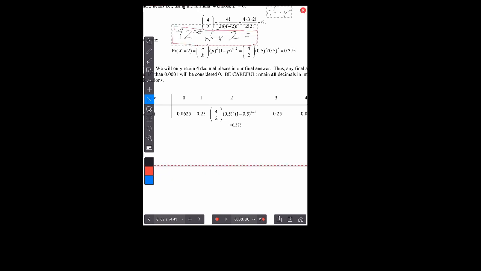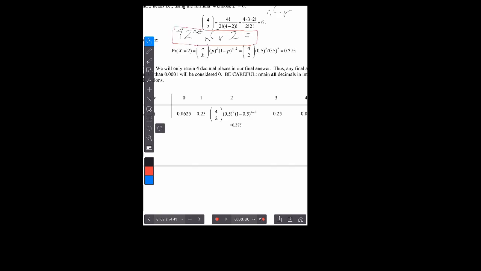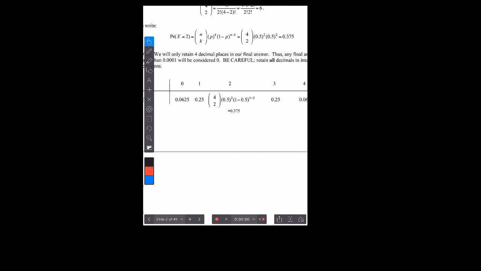I like this erase tool, but I really need practice. Okay. In the general case, we write n choose k, the number of ways of seeing k successes out of n, times the probability of success to the number of successes.